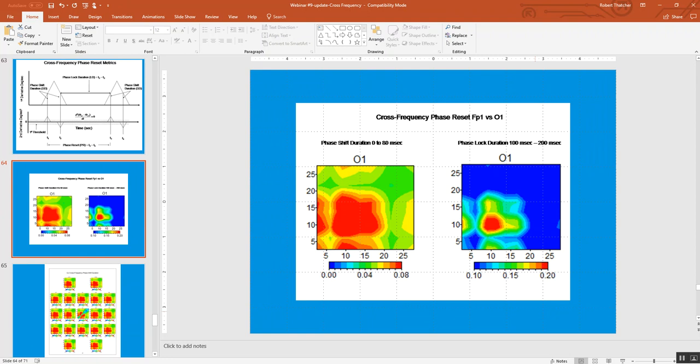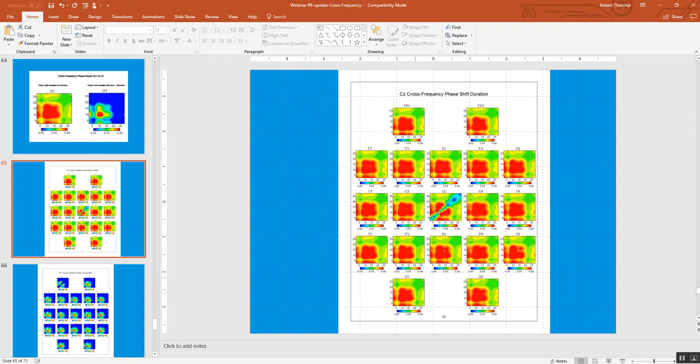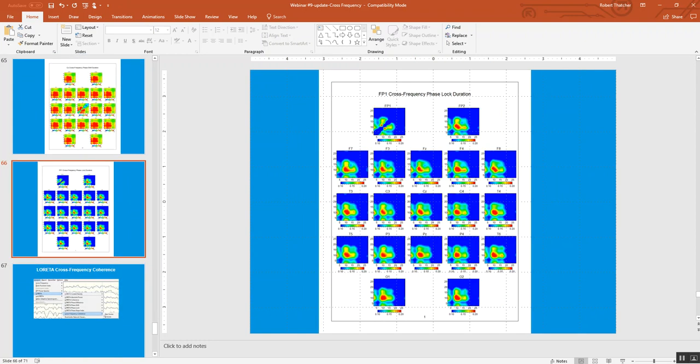And again, these are raw scores where the color here is correlation, but we can put this into z-scores as well, and you can adjust these measures. This is a cross-frequency phase shift duration plot, a cross-frequency phase lock duration plot.